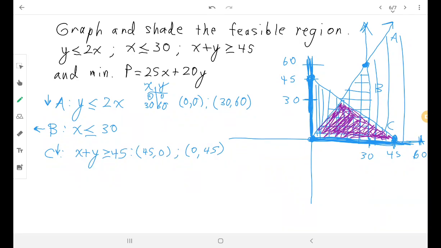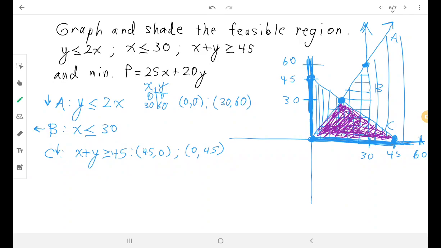And we know two of our vertices. So if we needed the vertices, we still don't know that one right there.